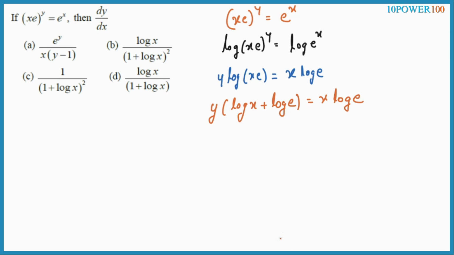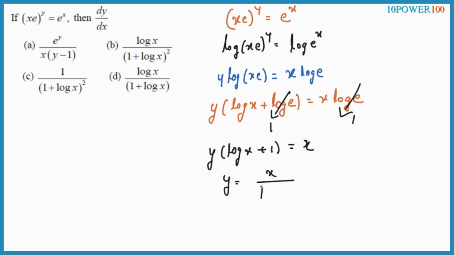In mathematics, all logs are considered as log to the base e, so log e is 1. So we end up getting y of (log x plus 1) is equal to x. So y is equal to x divided by log x plus 1.